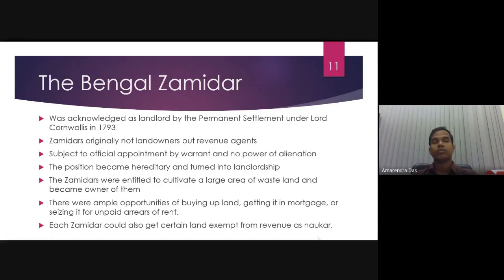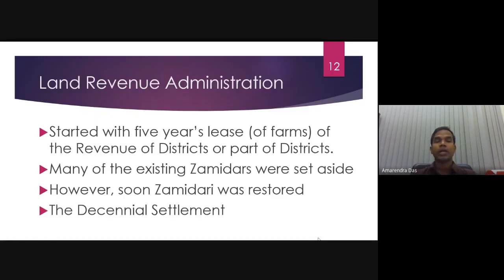So that's how Zamindars started acquiring a lot of land, including the wasteland they had got from the officials. Each Zamindar was also given certain land exempt from revenue as Naukar, basically as a servant of the British. So that's how the Zamindars gradually became powerful, and it became hereditary in the Bengal Presidency.